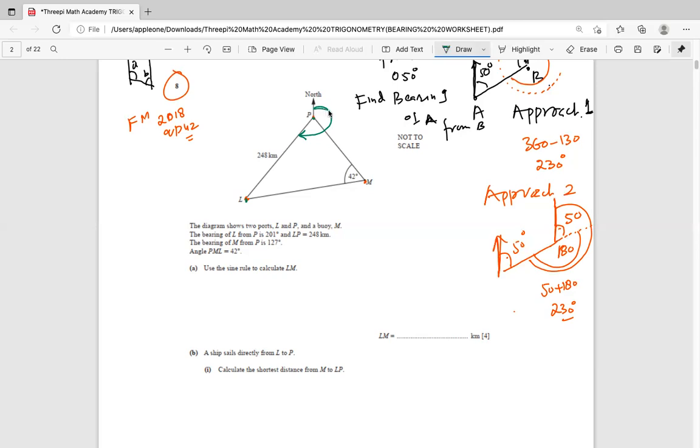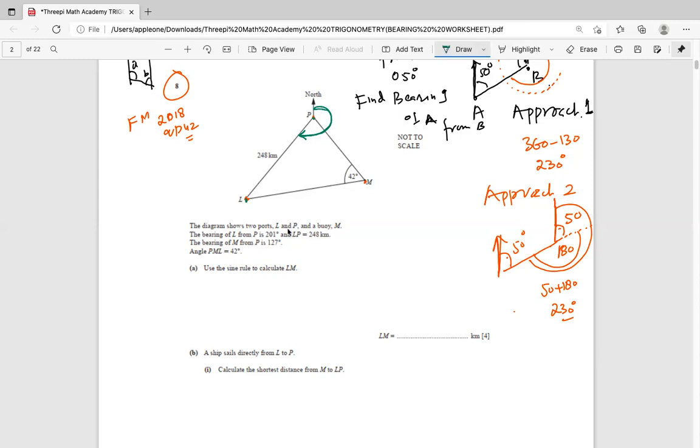So this is clockwise from north, starting from P and coming to the line LP. Okay, so this bearing is 201 degrees. And LP is 248, as given.